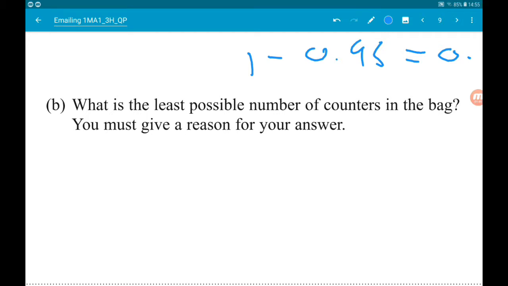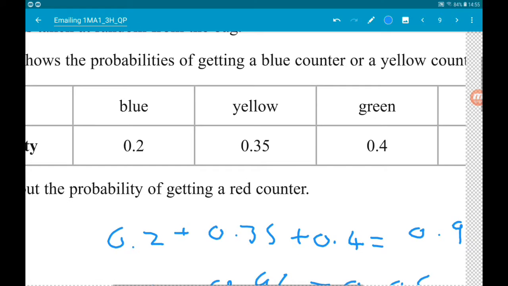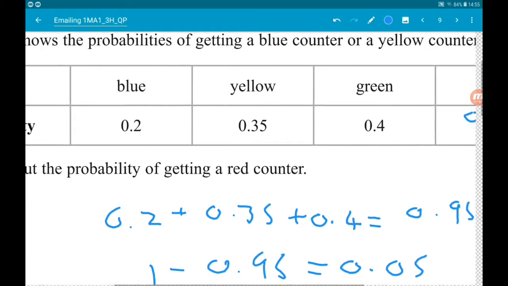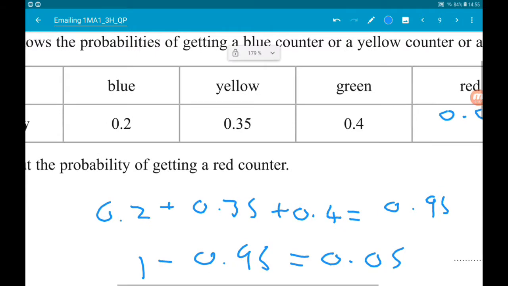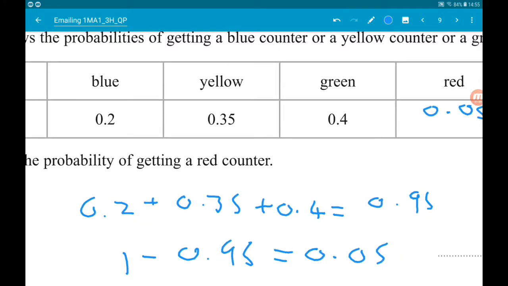Okay, so there has to be a whole number of each counter in the bag. So these probabilities need to represent whole numbers of counters. So the easiest way to do this would be to turn each of them into a fraction, and whichever one has the biggest number on the bottom, that number is the smallest possible number of counters.